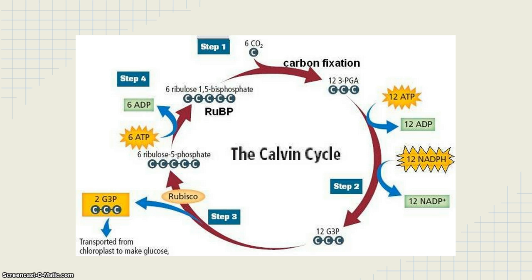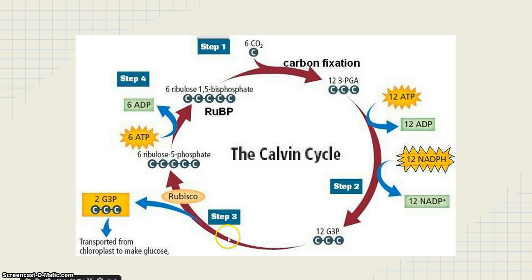So let's look here. In step 1, we're going to start over here with our RuBP. Then the carbon dioxide is going to come in, and we're going to make some 3-carbon compounds. We're going to use our ATP and our NADPH to make the G3P. Now the G3P is what's going to be needed in order to make the glucose.